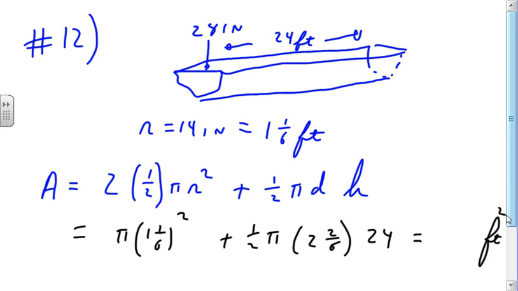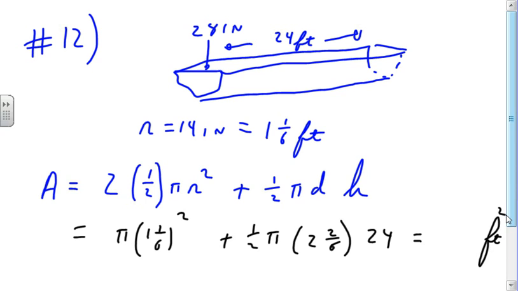Just one of those weird things. Squared. Now that's going to square the whole fraction. Okay, so I've got that, plus, let's see. I'm going to divide the guy by 2 already. I'll call it 1 and 2/6 again, times 1 and 1/6 times 24.